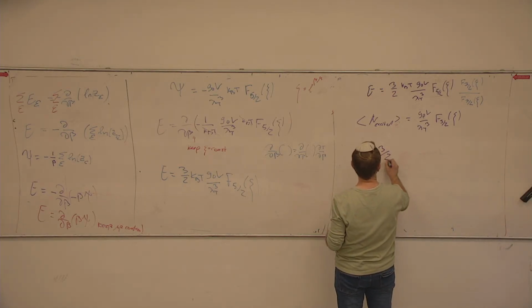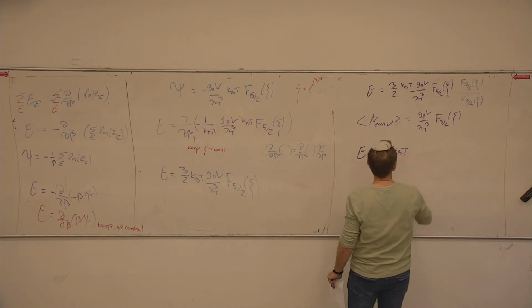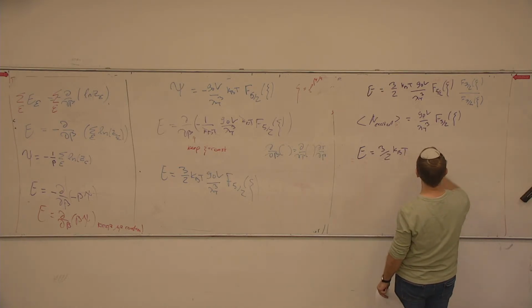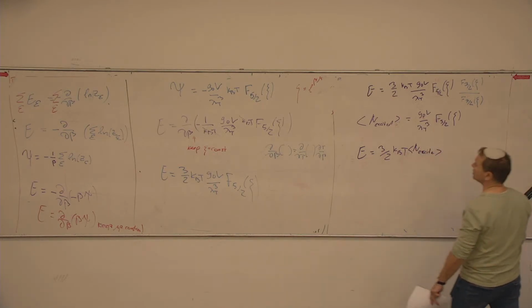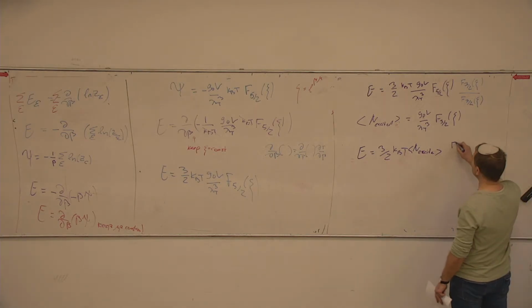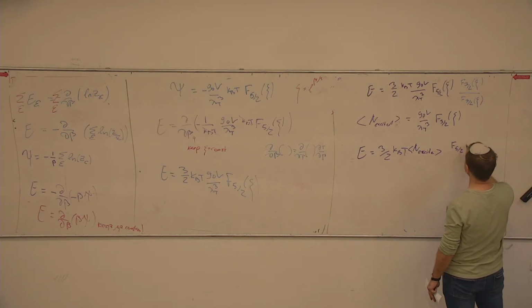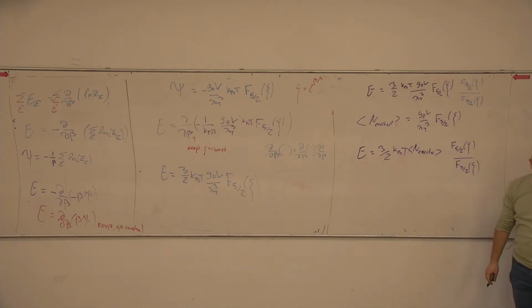equals 3/2 k_B T, okay, multiplied by N excited average. Okay? And there is a prefactor, f_{5/2} over f_{3/2}. Which is reasonable, right?